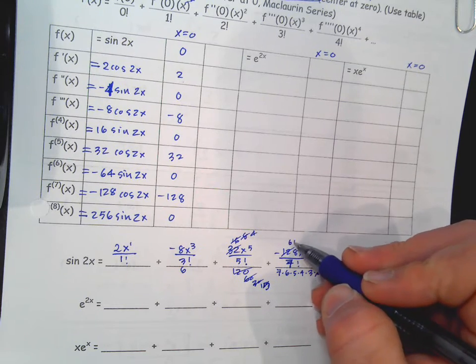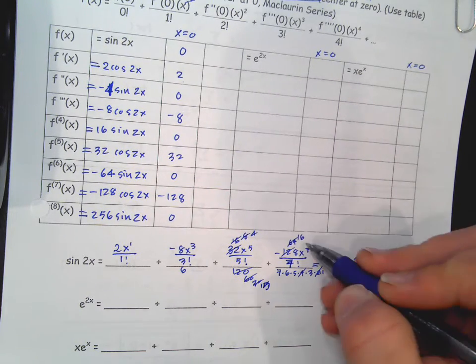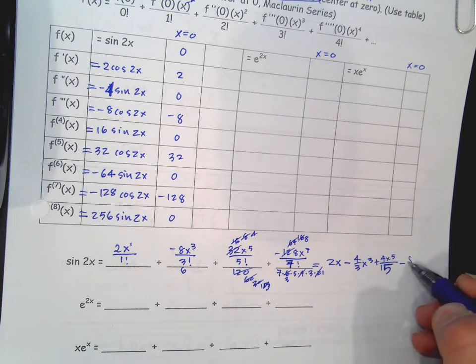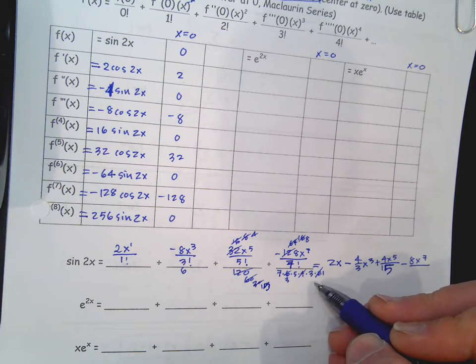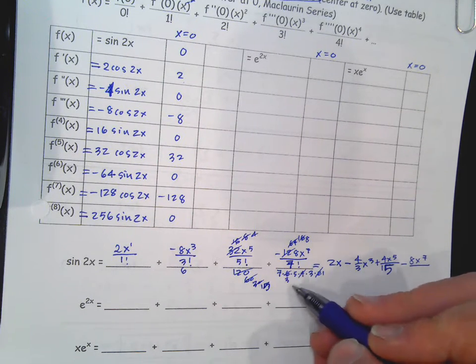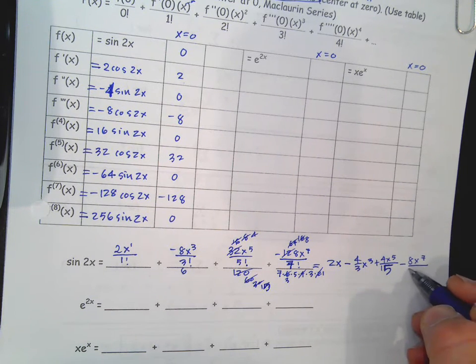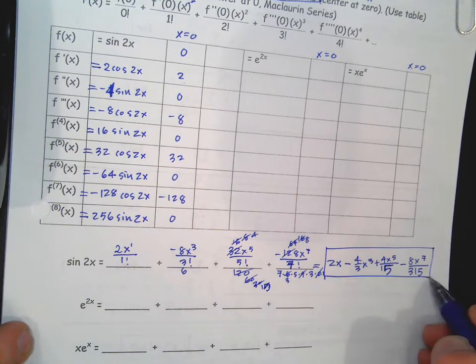That's going to be 64. You can take a 4 out. That's going to be 16. You take a 2 out of this. That's going to be 8. So I think it's going to be -8x to the 7th over what's left, all these things multiplied together. 21, 105, 315. So that's your final simplified answer.